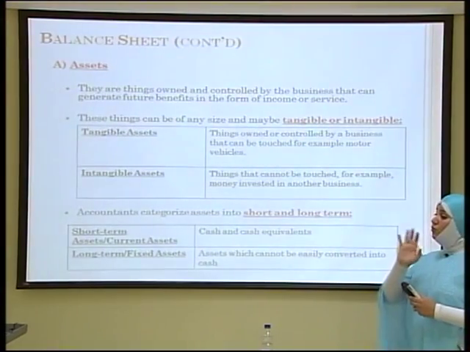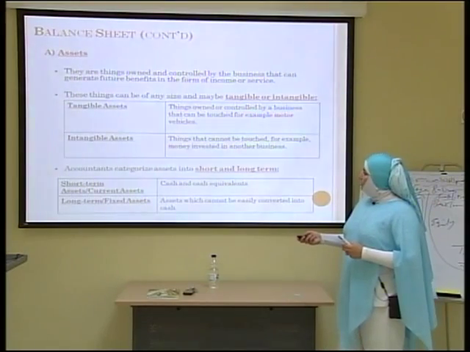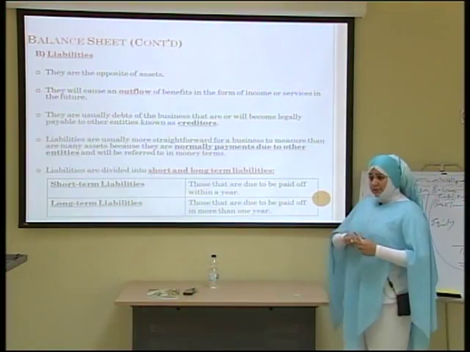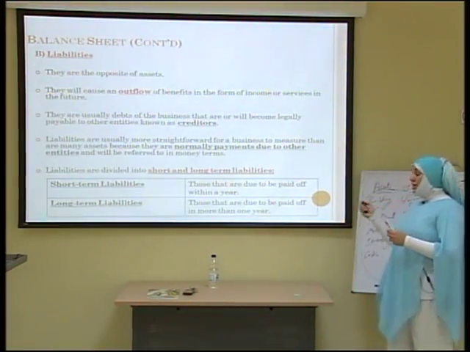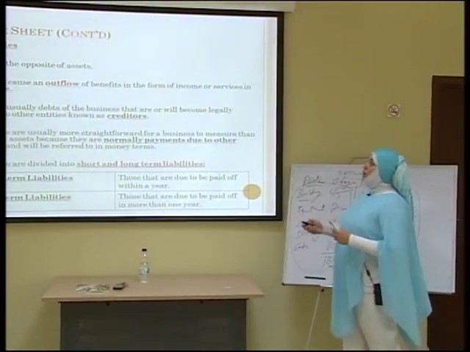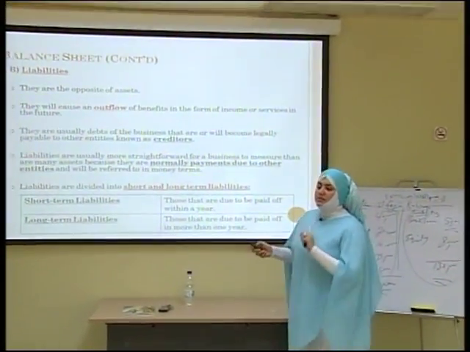Now we understand what we mean by assets. We have two different classifications: tangible and intangible, and short-term and long-term. Liabilities, like here, the bank loan, for example, are the opposite of assets.